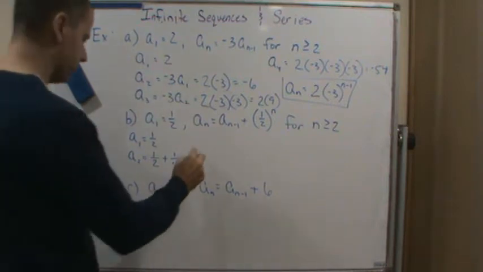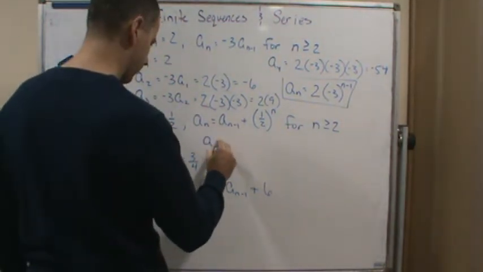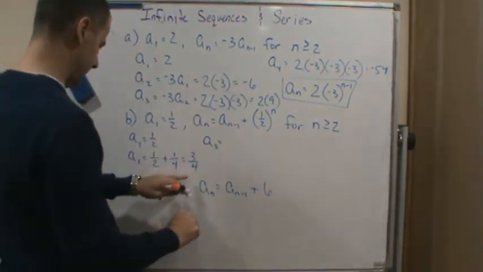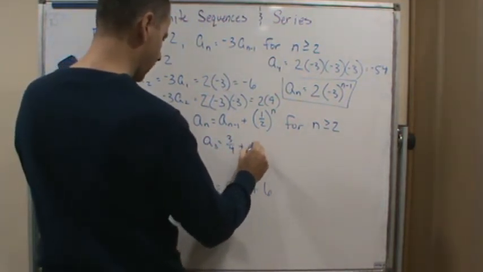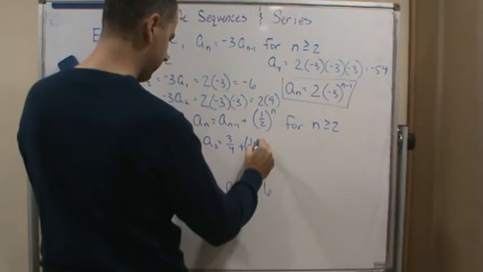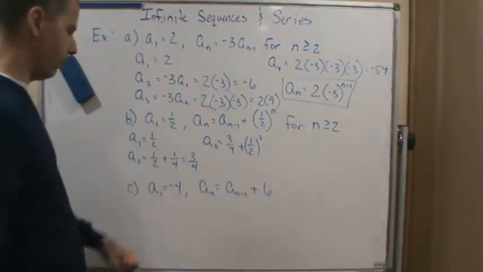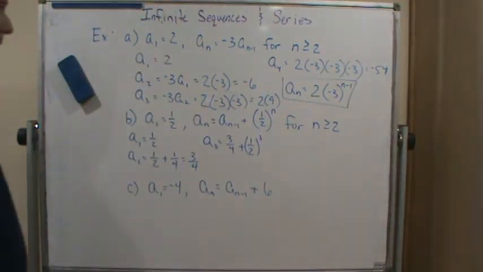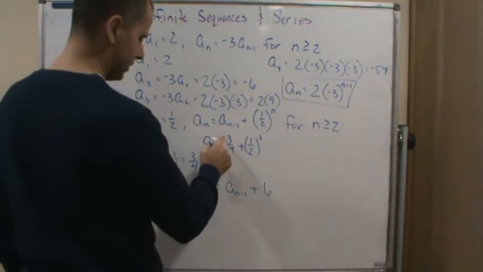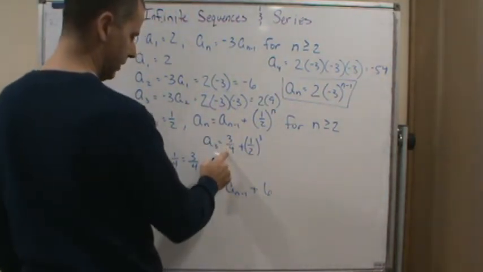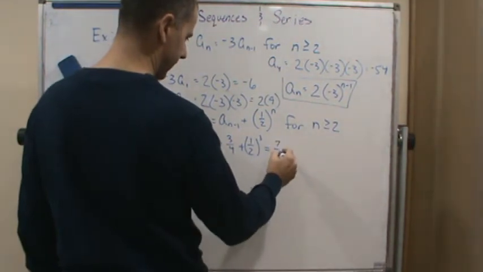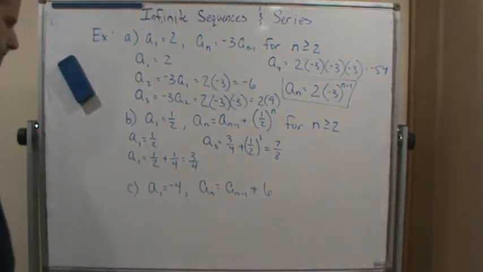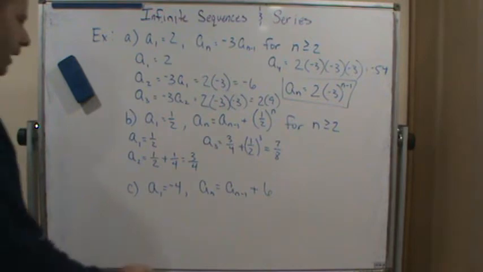Okay, so let's do a sub 3. A sub 3 is going to be a2, which is 3/4, plus 1/2 to the third power, which is 1/8, which means 3/4 is 6/8. So 6/8 plus 1/8 is 7/8. Okay. Now let's do another one.